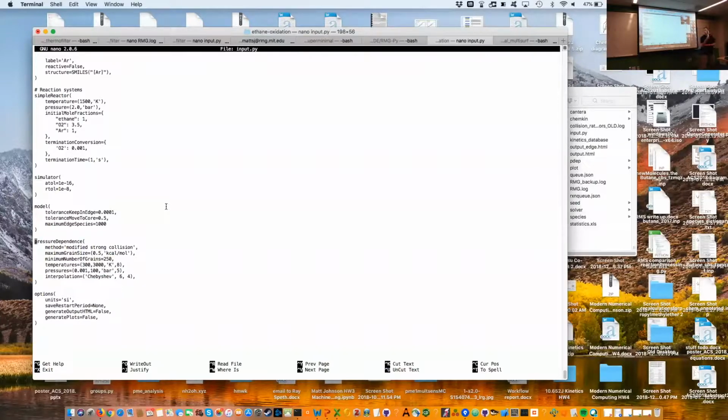And then the minimum number of grains is the minimum number of energy states it requires per given species, which will increase if it can't handle it. And then the temperatures and the pressures are the range for the Chebyshevs, right? Yeah. I think these are the points it takes before it fits the Chebyshev.